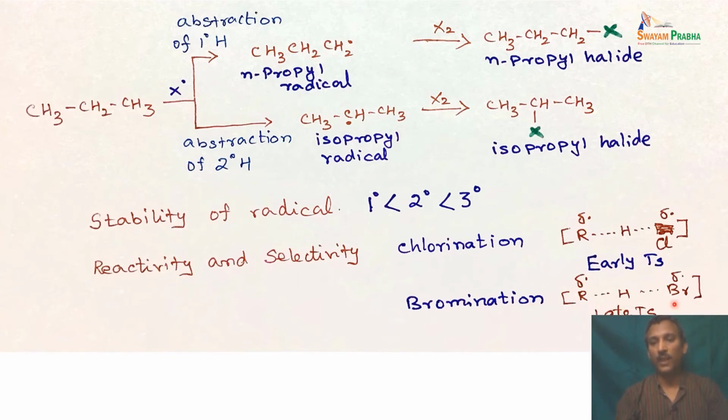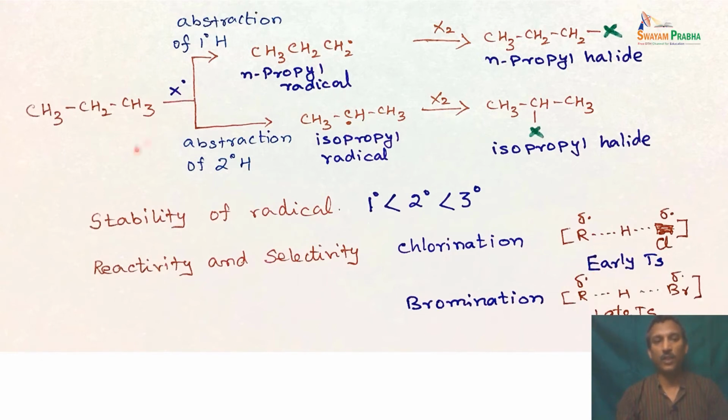When we say late transition state, that means this is very close to the product. When we say early transition state, the transition state resembles the starting material. So that is the reason here both are giving a 1:1 ratio, whereas in this one we have a stable radical.